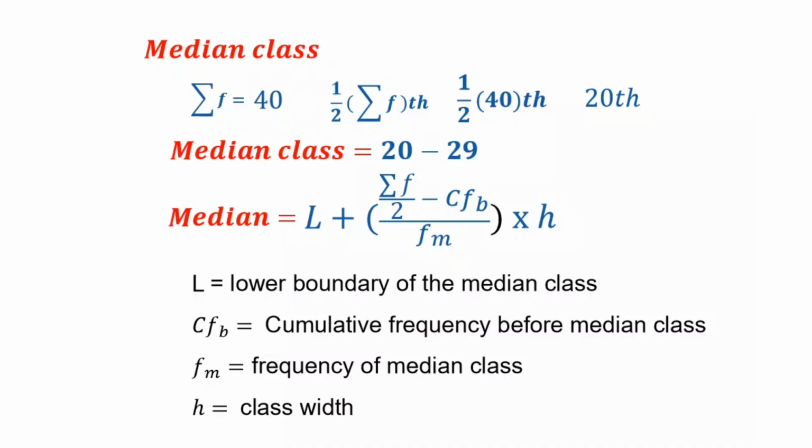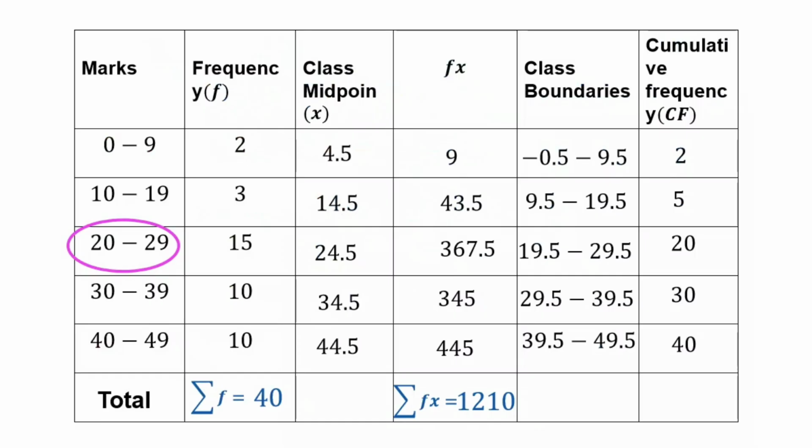Okay, so if that is the case, then let's go to our table and find the L. So we know that our median class is the 20 to 29. So let's find the lower boundary. So we trace it to the class boundaries. Now you see that we have the lower boundaries and the upper boundaries. The lower boundaries are the first figures and the upper boundaries are the last figures.